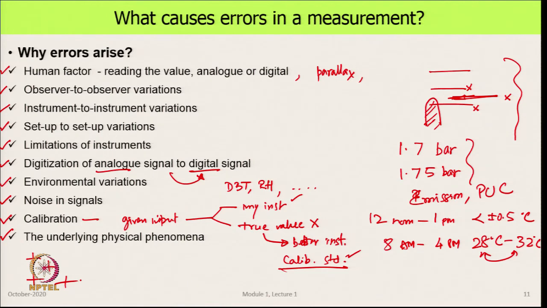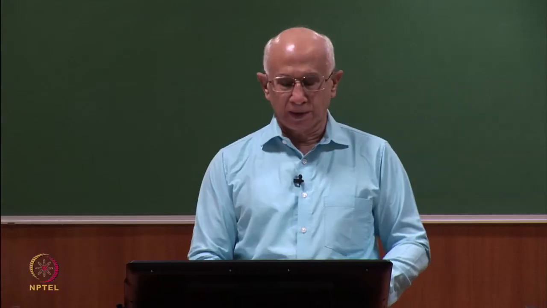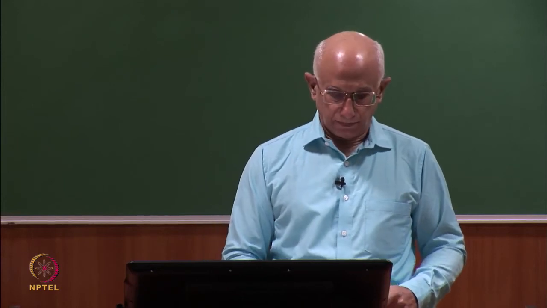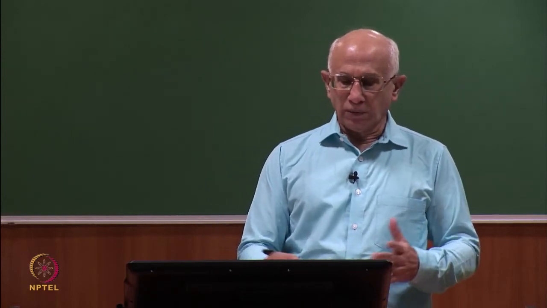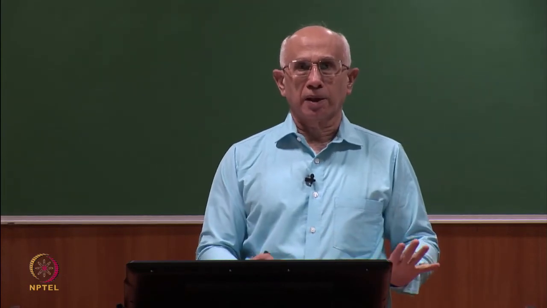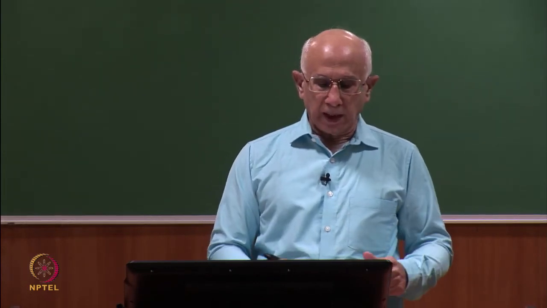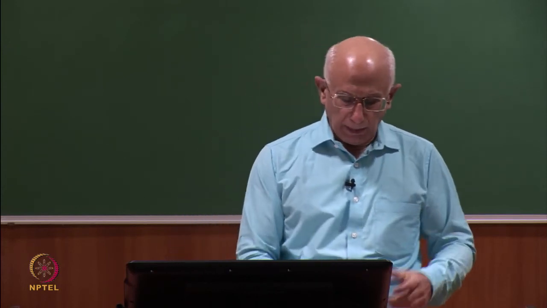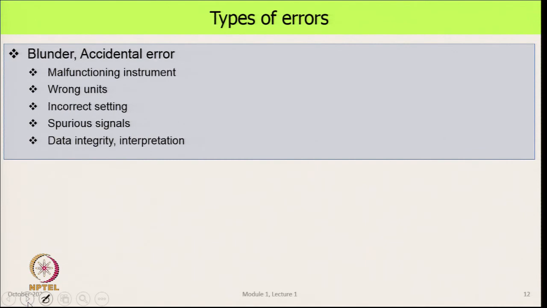This list can get bigger. Some of them may be relevant, some new things may be relevant, that varies from instrument to instrument, measurement to measurement. So, what we see here is that there are many reasons why errors will always be there in a measurement, and our idea is how best to find out what their magnitude is and maybe in some cases compensate for them.